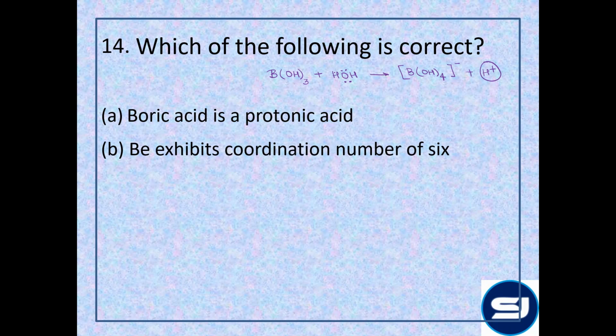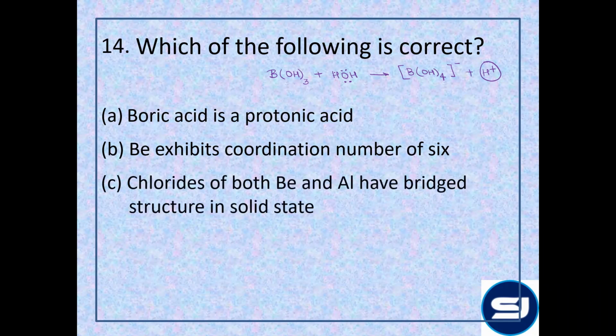It can't expand its octet because of the absence of vacant d orbital. तो बेरिलियम, बोरॉन, कार्बन, ये सारे जो एलिमेंट्स हैं उनका मैक्स कोऑर्डिनेशन नंबर 4 ही होता है, या कोवेलेंस जो है वो 4 ही होता है.